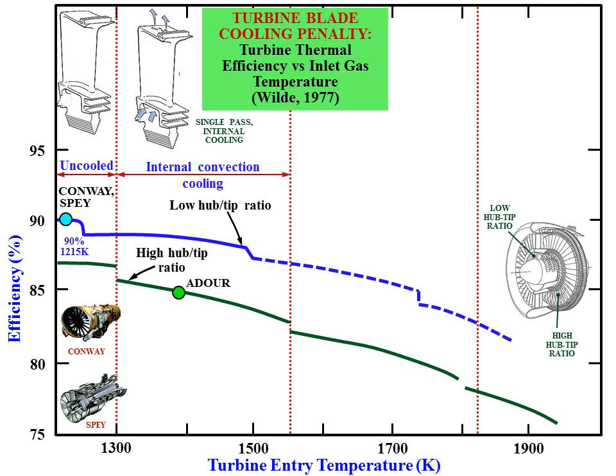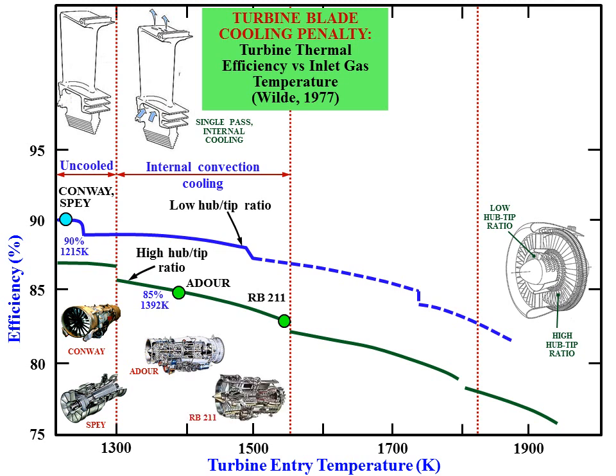The engines that use this type of cooled blade are the Adour engine, with an efficiency of 85% and an inlet temperature of around 1392 Kelvin, and the RB211 engine, with an efficiency of around 83% and an entry temperature of 1556 Kelvin.